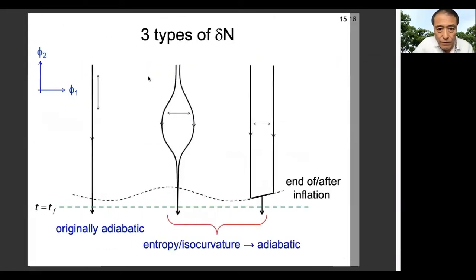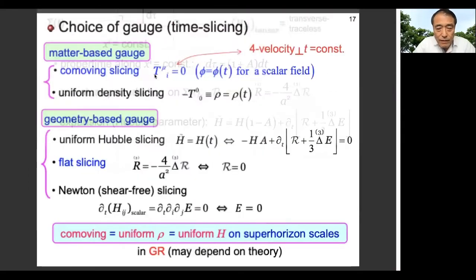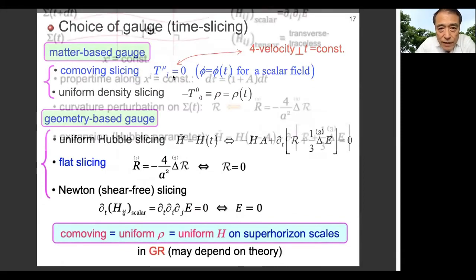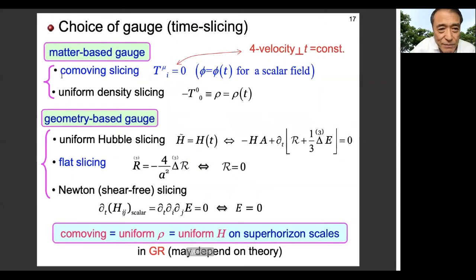If you assume this flow coincides with the normal vector, so you make the hypersurface such that the energy flow is orthogonal to the hypersurface, it's a bit misleading terminology, but we call it co-moving slicing, and please don't get confused with the so-called co-moving gauge.